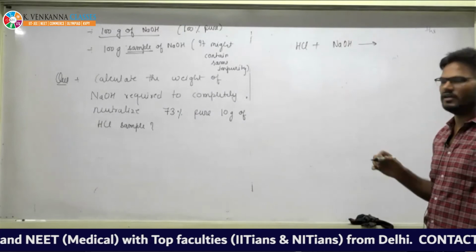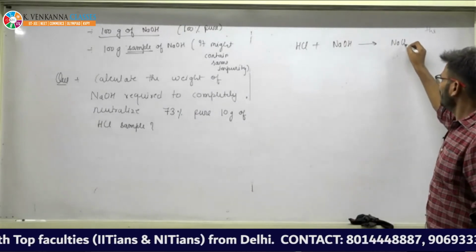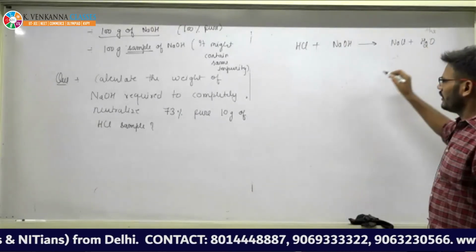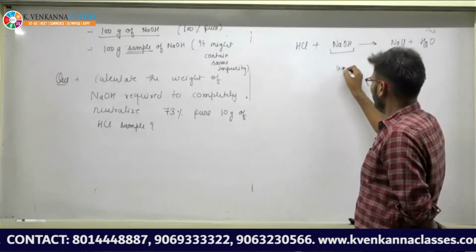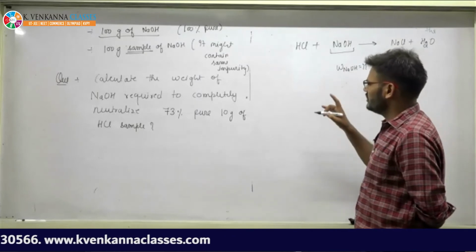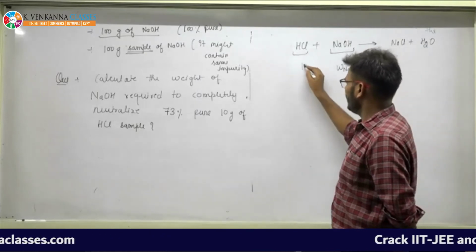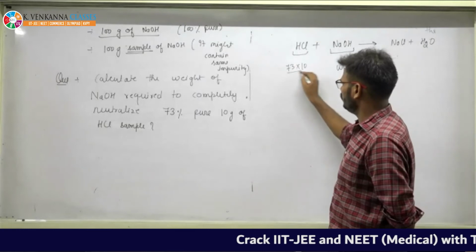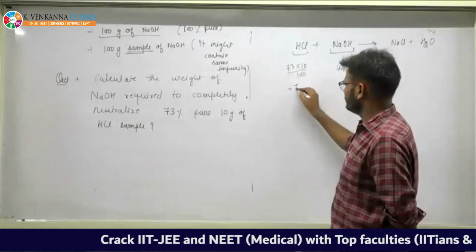That will produce NaCl plus H2O. It wants you to calculate the weight of NaOH. But it says you have 10 gram, and those 10 gram might contain some impurity. So you solve it, and that will come as 7.3 gram.